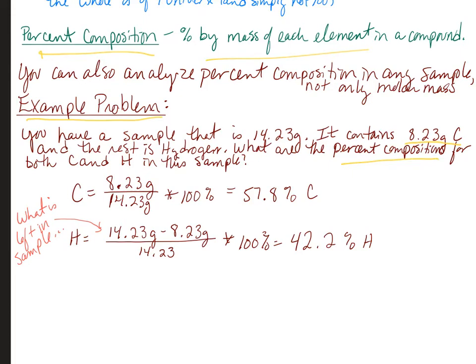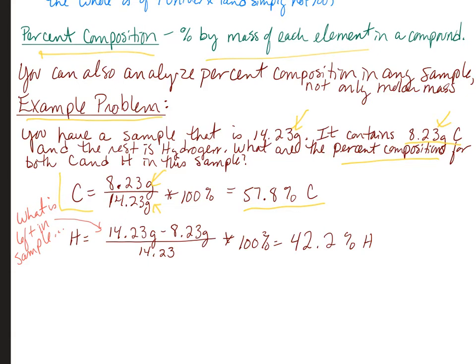Well, again, there's multiple ways to figure this out. Let's start with carbon. Carbon gives a total of 8.23 grams, so that's what I'm going to put at the top, of the total 14.23 grams. And that's what goes in the bottom. You multiply that times 100% and you get your percentage composition really quick. Now, when we're trying to figure out hydrogen, you have to realize that what's left over is hydrogen, right?